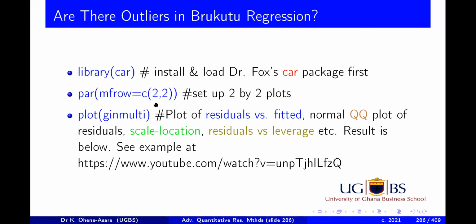I'm going to draw the entire plot by a 2x2, so we're going to have more plots in one screen. So you use this command to do that, and you plot the results. We are going to plot the residuals against the fitted, and then other aspects, and check the possibility of outliers or influences in the data.